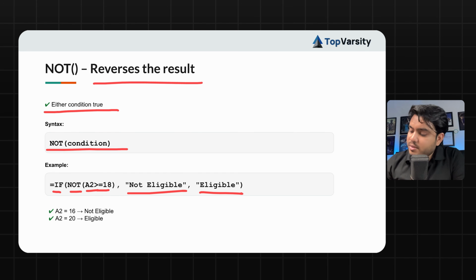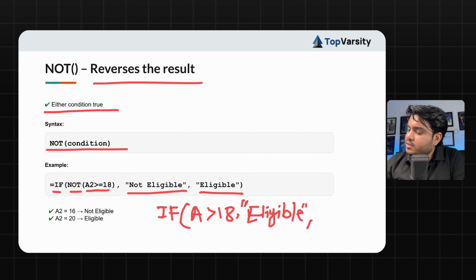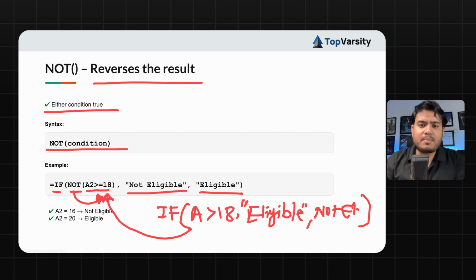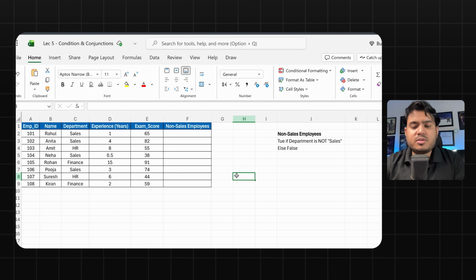If I am writing IF and A2 is greater than 18, I'll write eligible, and if it is not, then not eligible. So this is the reverse by using the NOT function. There are not that many applications in data analytics or data science, but we'll use this function multiple times. Now we'll solve this question using an example.